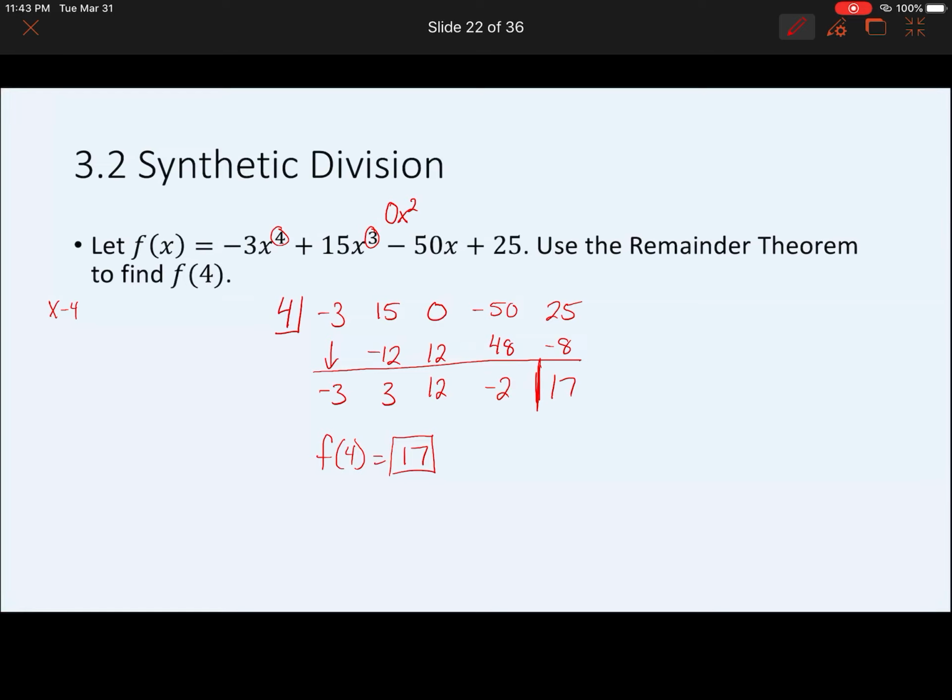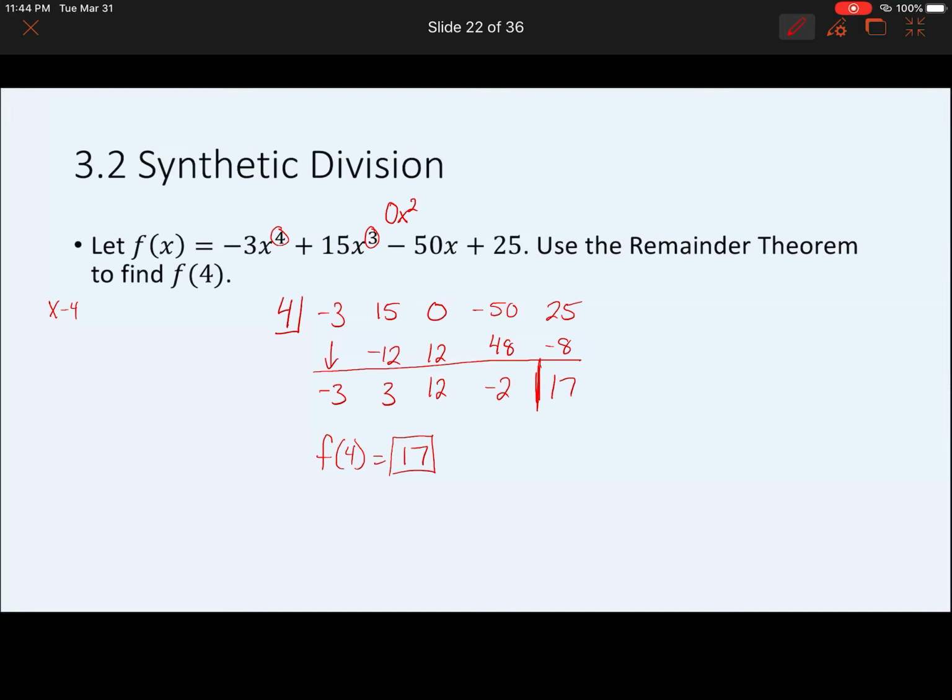So, based on the remainder theorem, f of 4 must be 17. Again, when we take 4 and substitute it in, we should get 17.